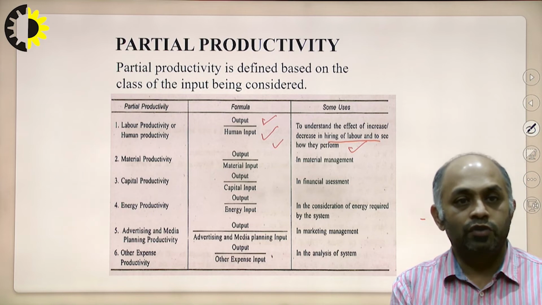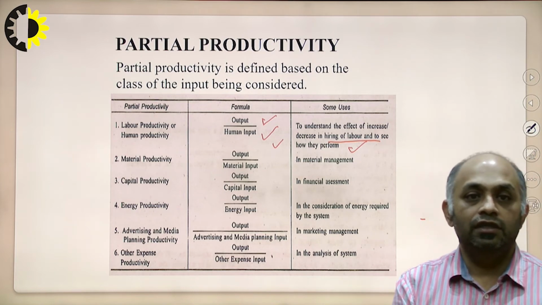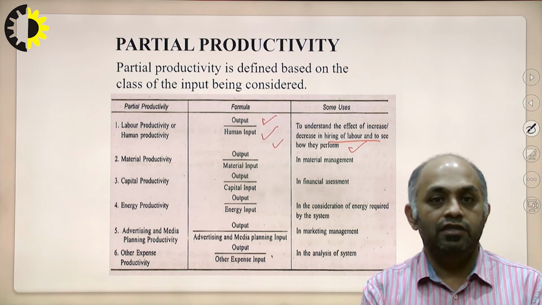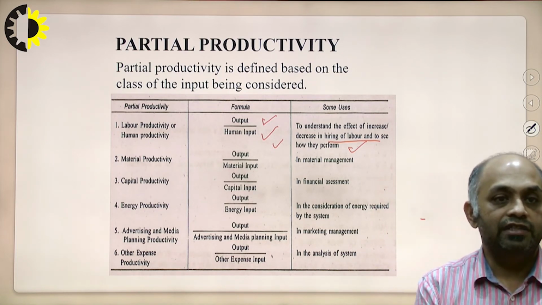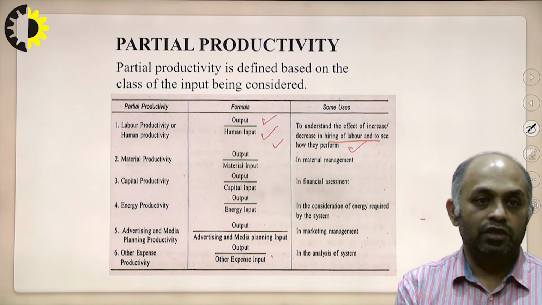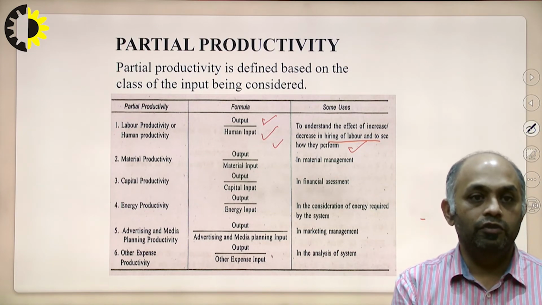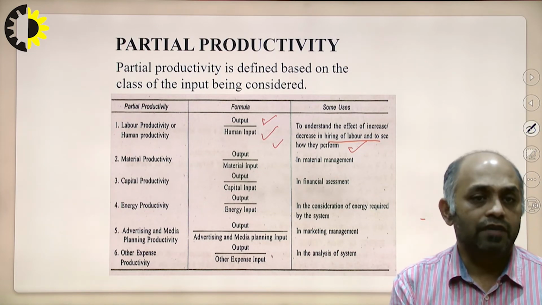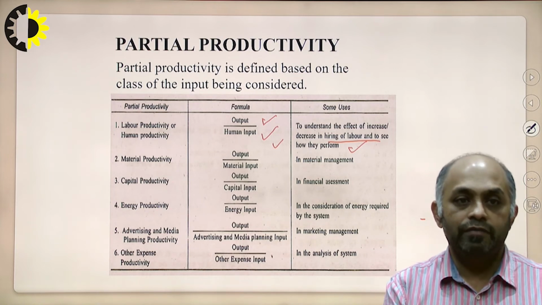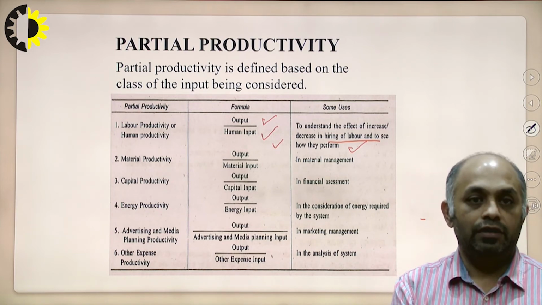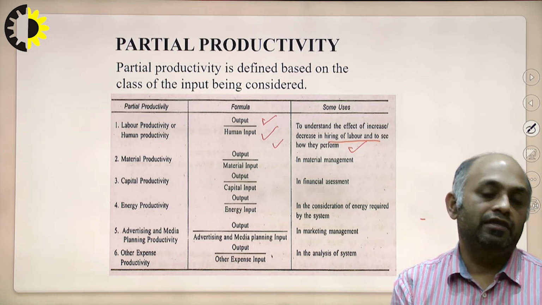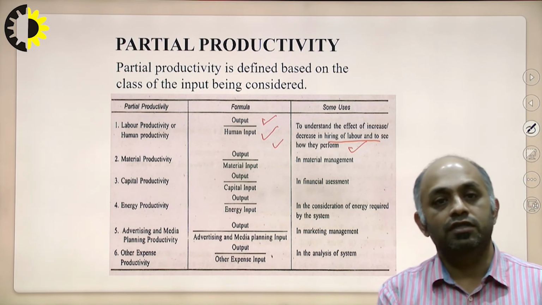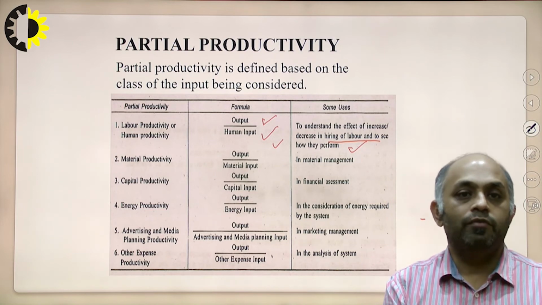So energy productivity is also there. It is the consideration of energy required by the system, and then advertising and media planning productivity is also there. So all the terms talk about output divided by the input, the input that we have given to the system. If I really see a production system, it is nothing but input, operations and output.